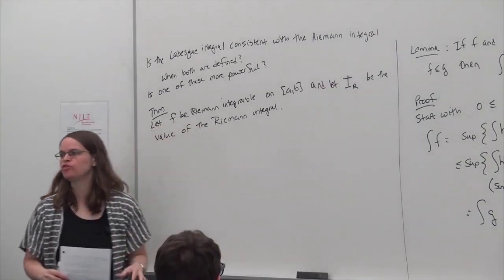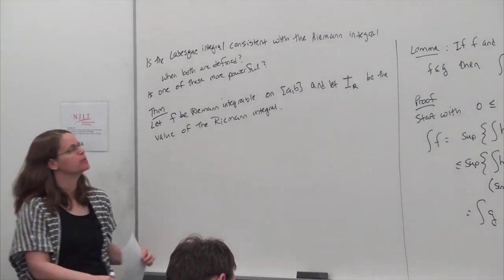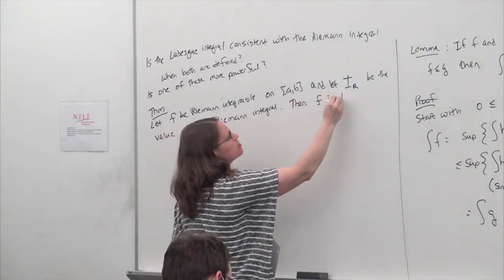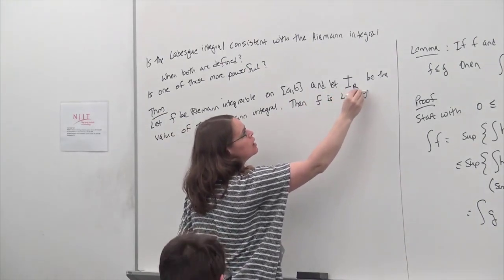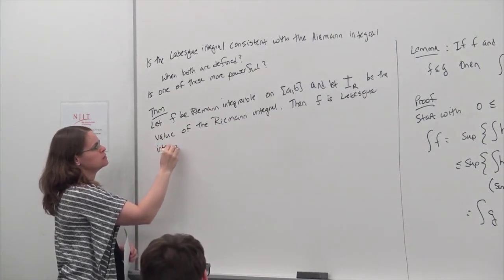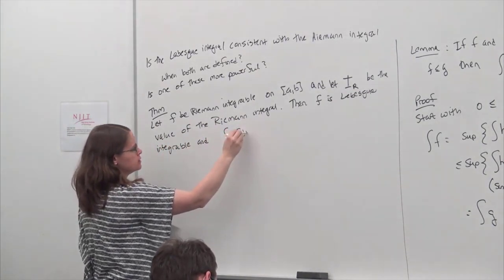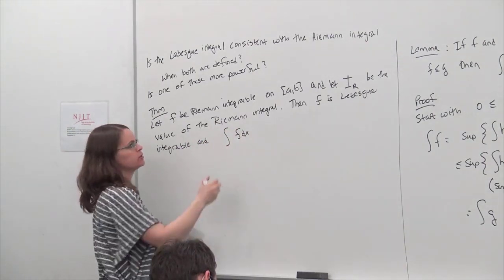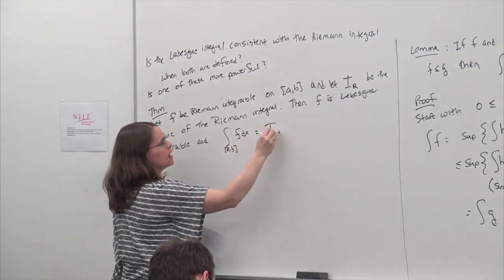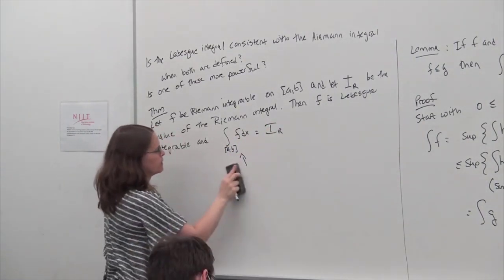So the theorem is what we want, that we've created an extension, a generalization of the Riemann integral. So f is automatically Lebesgue integrable, and the integral is equal to I sub r. This will be the value of the Lebesgue integral.